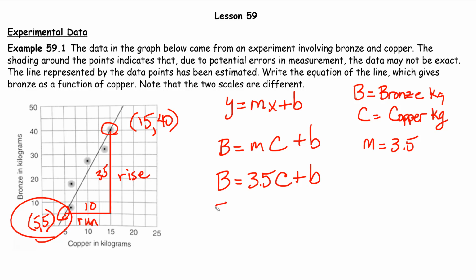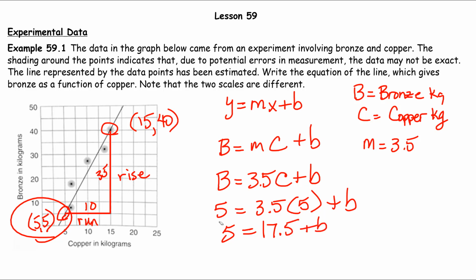So b is 5, and c is also 5. So that is going to give us 5 equals 17.5 plus b. Subtract 17.5 on both sides, and you're going to have a negative 12.5 for b. And so now we know our b is negative 12.5, and we can write our equation.